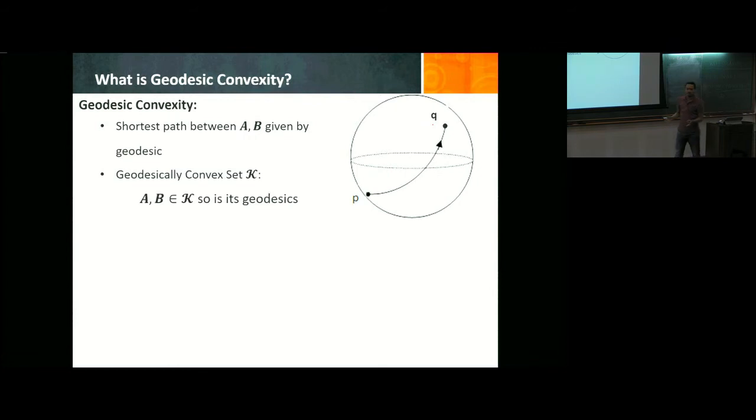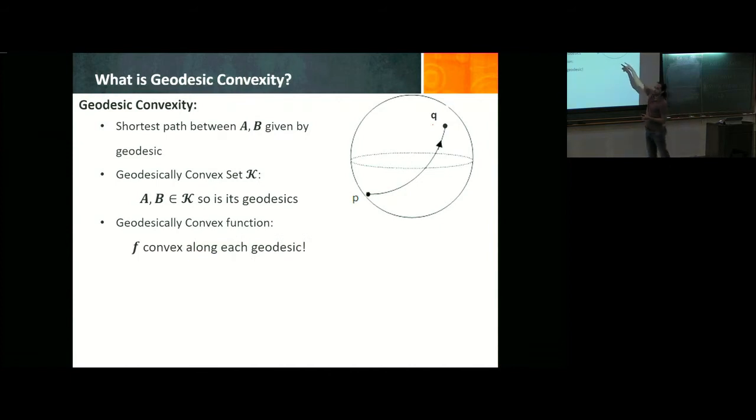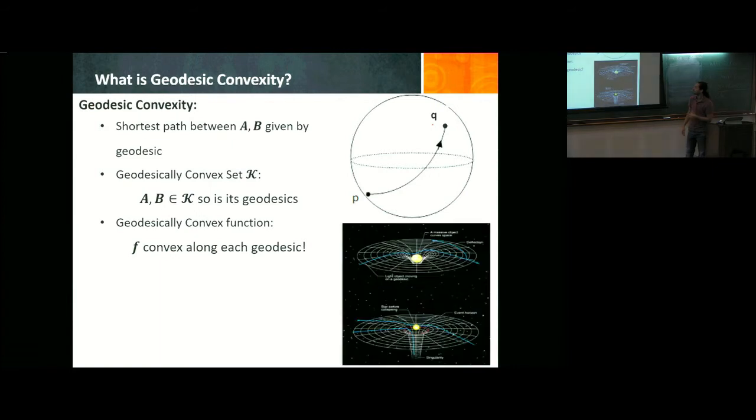And what is a geodesically convex set? It means that if I pick two points, the geodesics between them are in the set. And what is a geodesically convex function? Again, if I restrict my function to be univariate on every geodesic, this function is convex in the sense that I described in the previous slide. This is the generalization.